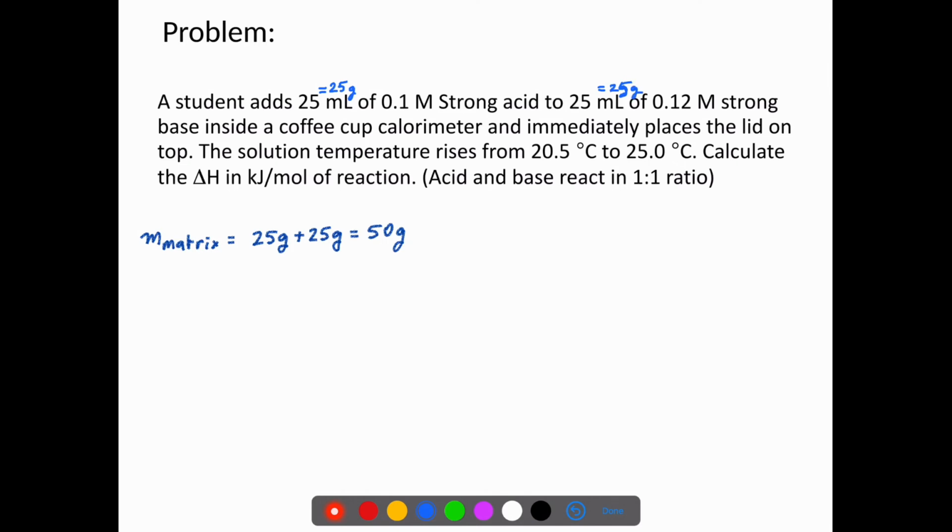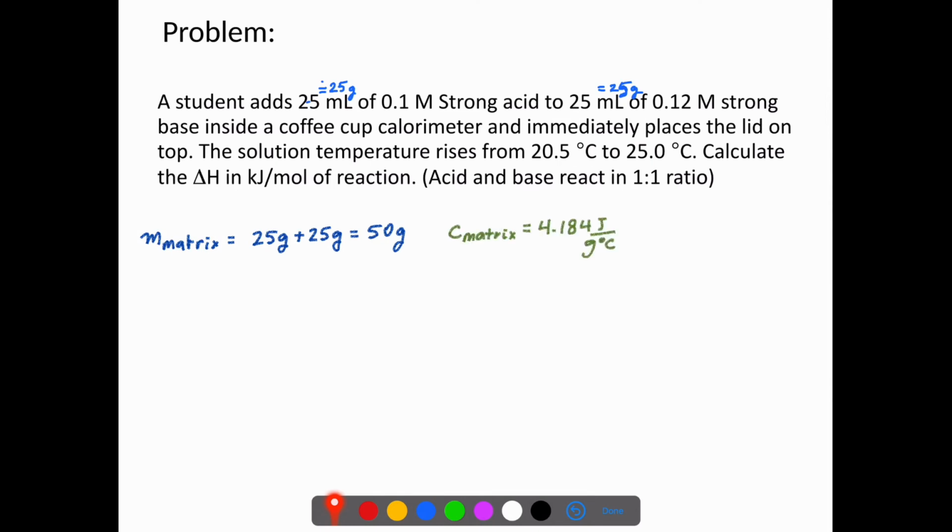So the total mass of the matrix, that means the contents of the calorimeter after you mix the solutions, is going to be 50 grams. So it is the 50 gram solution that is undergoing this temperature change. Okay, remember this is a temperature change for the solution. The entire matrix, whose weight is 50 grams, is undergoing this temperature change.